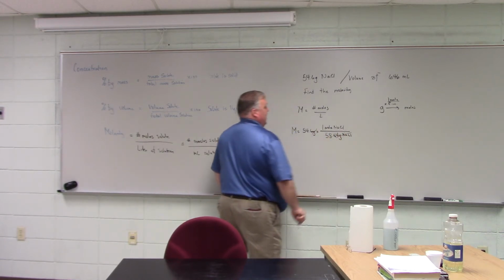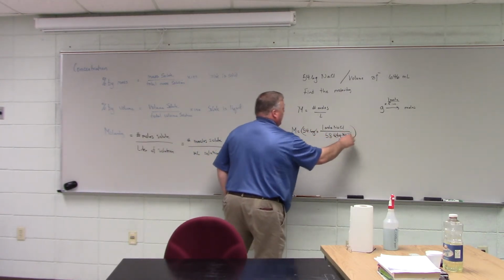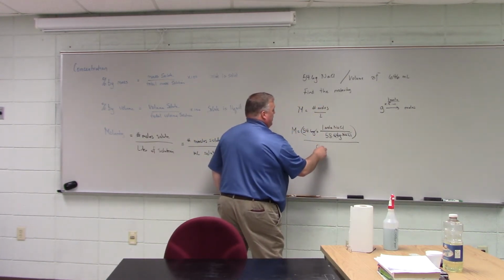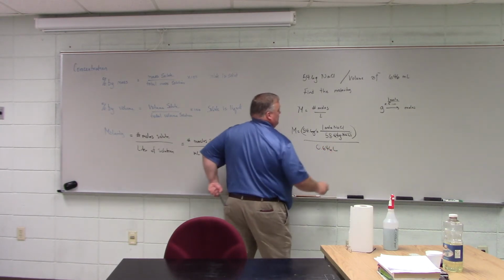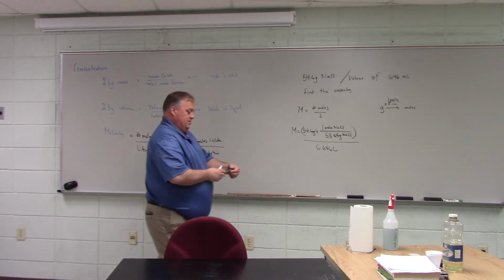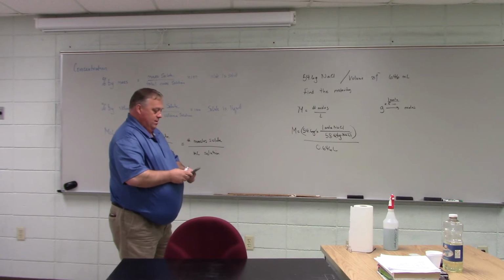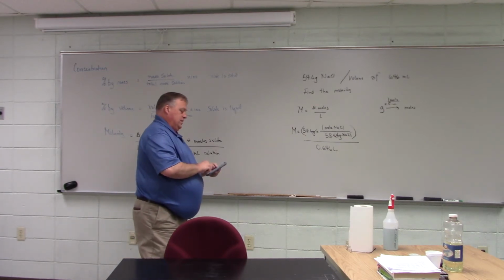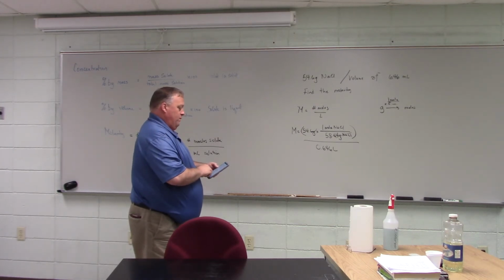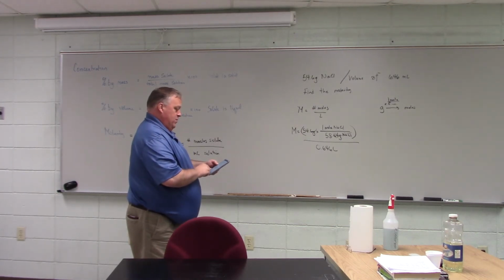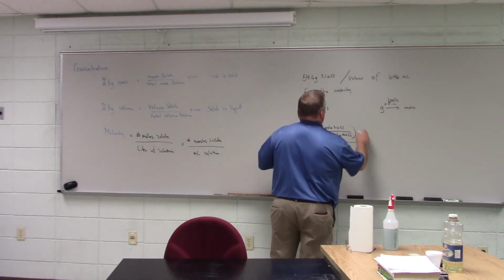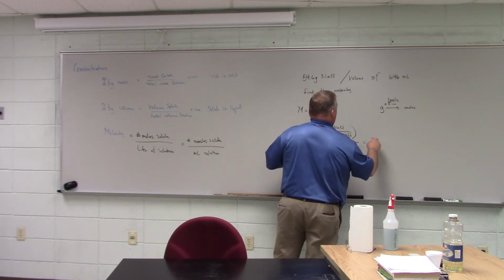And that gram would cancel. So that would be the number of moles on top, divided by 0.646 liters. Okay, remembering that there's 1,000 milliliters in a liter. So, molarity would be, in this case, 54.6 divided by 58.44 divided by 0.646. And we get a molarity that's equal to, we've got to have three significant digits, 1.45 molar.